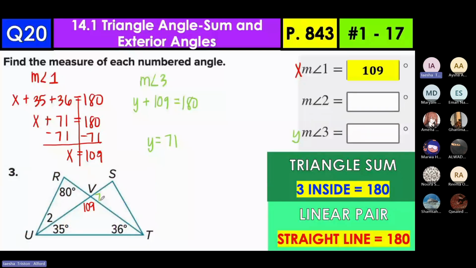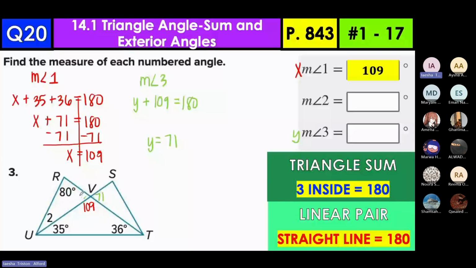What else could you do to help yourself get 2 if you forget about exterior angle? You want to use triangle sum. You're missing a side, so what should be here? The 3 and 2 are not vertical. This one and this one have a name: vertical.